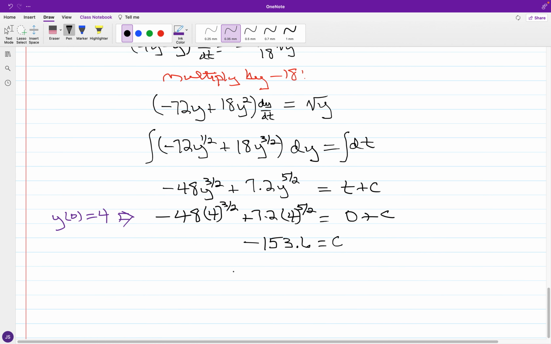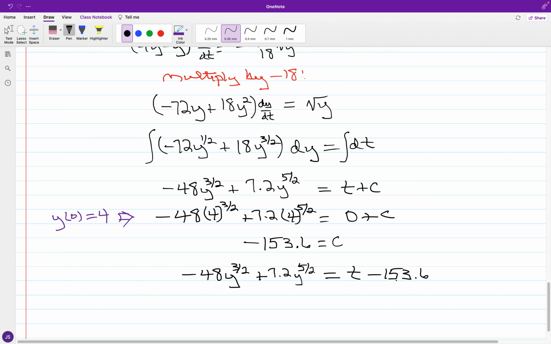So for the formula itself, I have negative 48y to the 3/2 plus 7.2 times y to the 5/2 is equal to t minus 153.6. Whenever the tank is empty, we have that y of t is equal to 0.